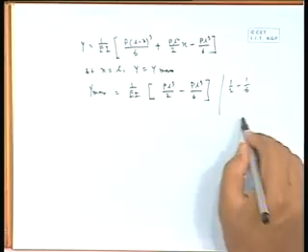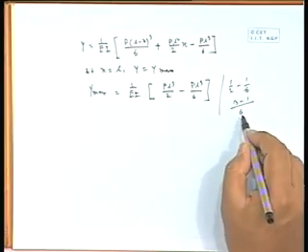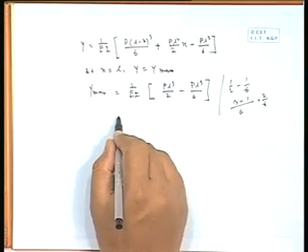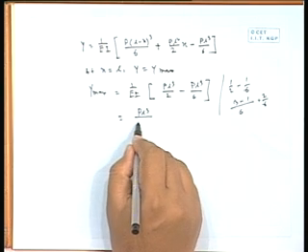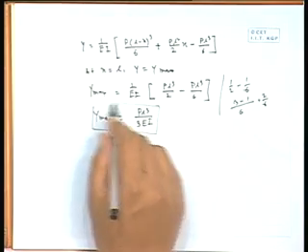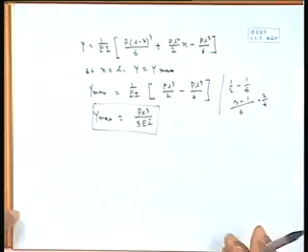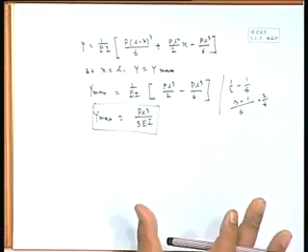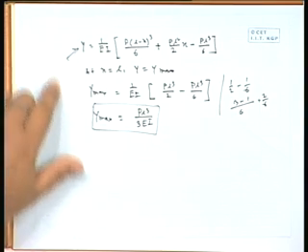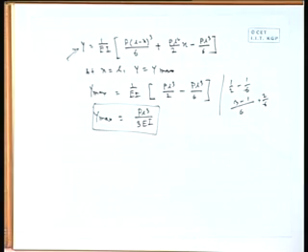So, it is a half minus 1 by 6. If I make a small calculation, 6 means 3 minus 1, so it will be 2 by 6, or we can say 1 by 3. So, we can write P L cube divided by 3 EI, that will be the y max. So, this is another important expression. So, we got the expression for the elastic line, and the maximum value we got is P L cube by 3 EI.